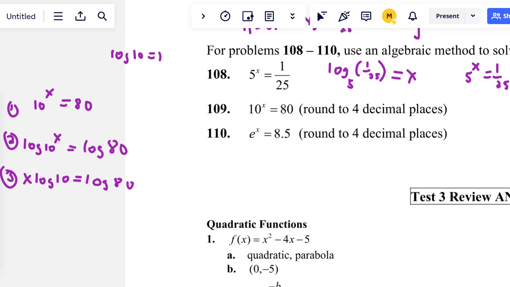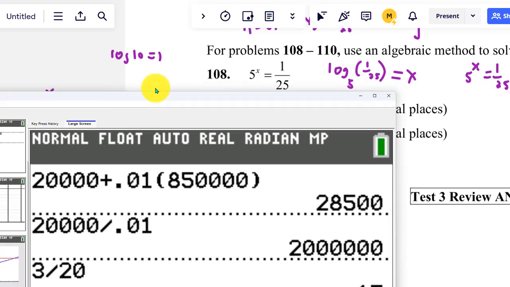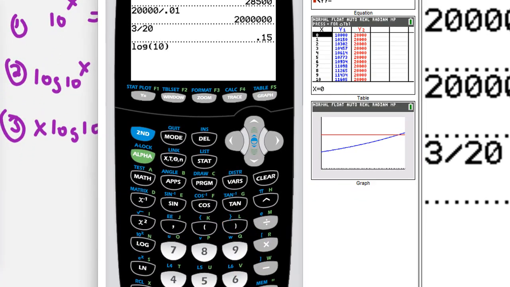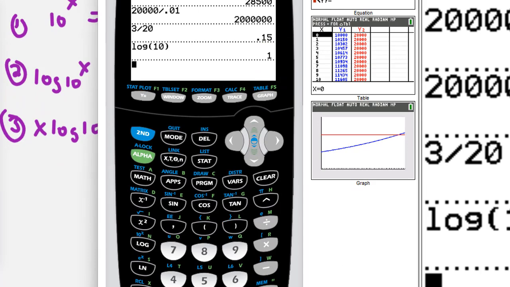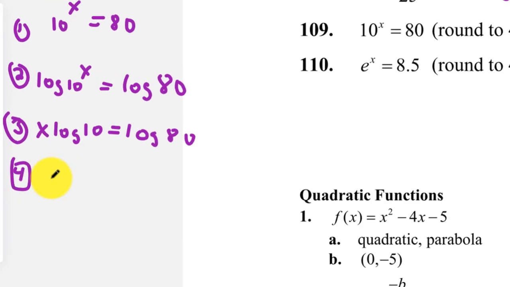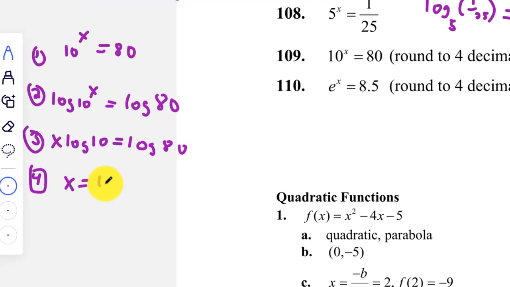And just to prove that to you, this is something you want to have memorized, right? Log base 10 of 10 equals 1, right? So I'm going to just rewrite this as x equals log 80, right? Because x times 1 is the same as saying x.